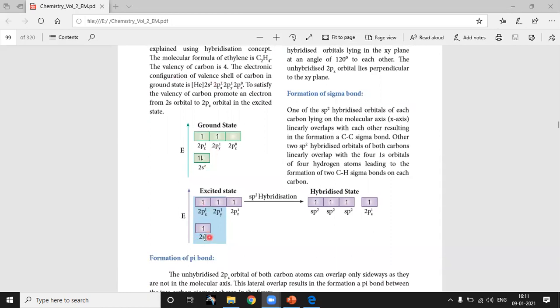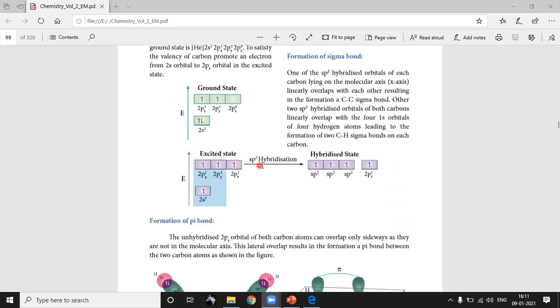Now here also we have to shift one electron from the s orbital to the p orbital, so that we are having the hybridization as sp2. So totally this will have 3 plus 1, 4 unpaired electrons. Okay. So now these 4 unpaired electrons should be present as sp2 hybridization.